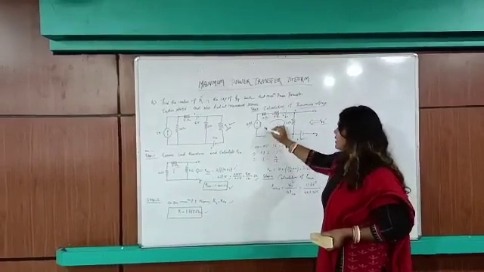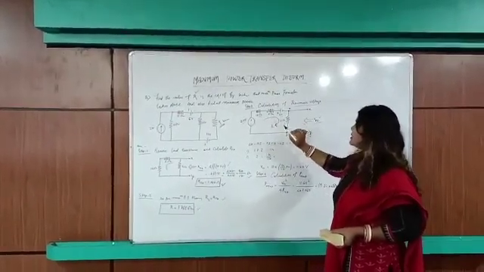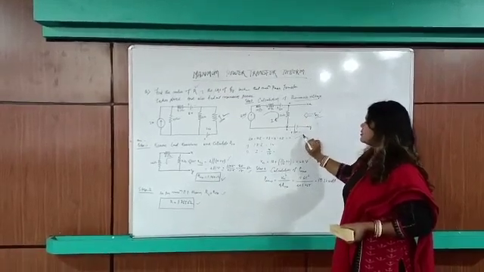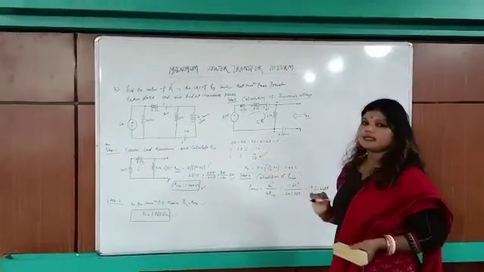Applying KVL in the loop, we get 20 minus 10I minus 5I minus 6 minus 2I equals 0, and by solving we get I equals 14 by 17 ampere.